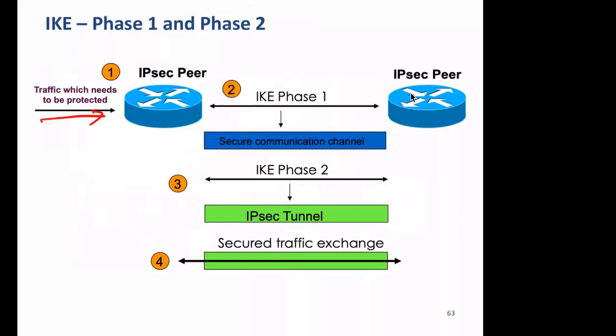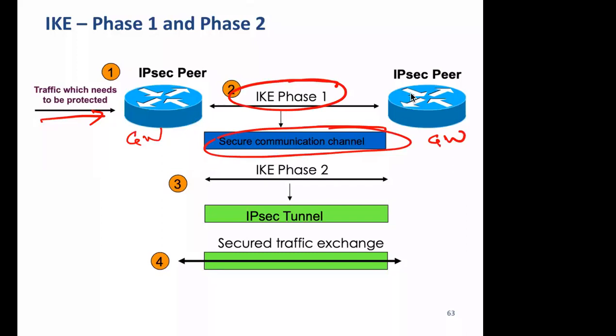So the traffic comes which needs to be protected. Now it's between two gateways. Let's assume this is a gateway and this is another gateway or router. The first is IKE phase one, which will create a secure communication channel. So between these two entities, a channel is to be established. That's the first thing.